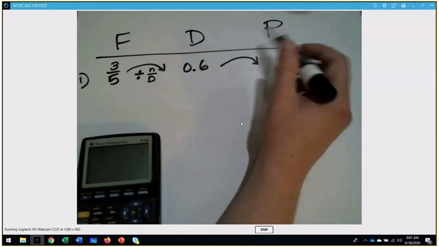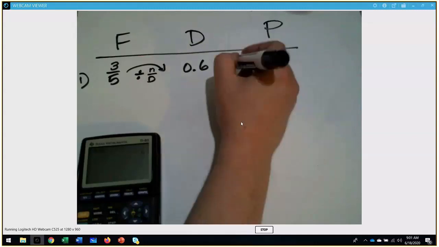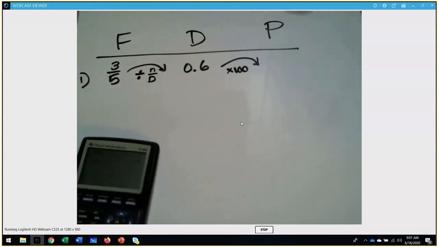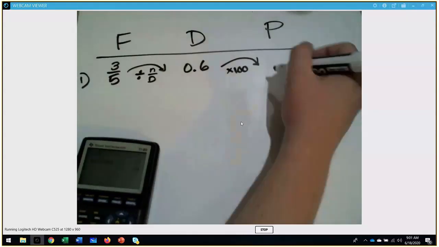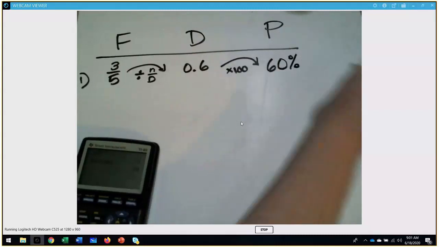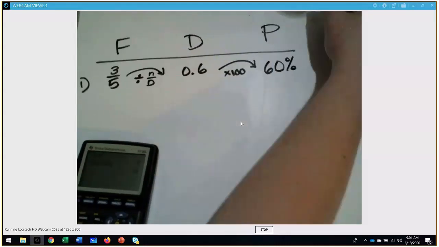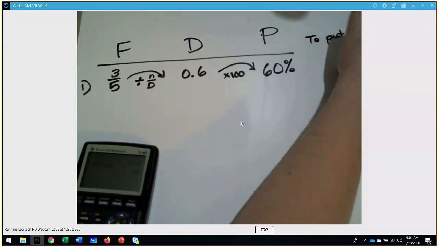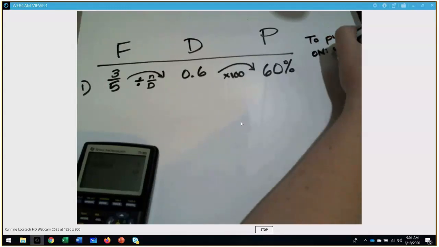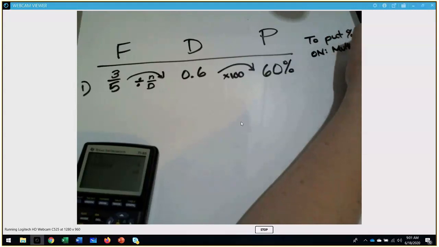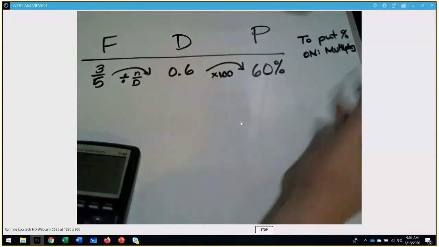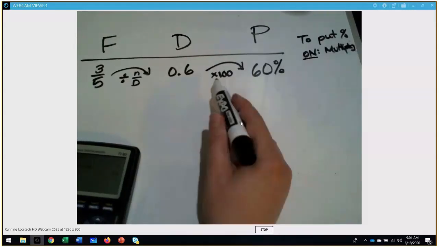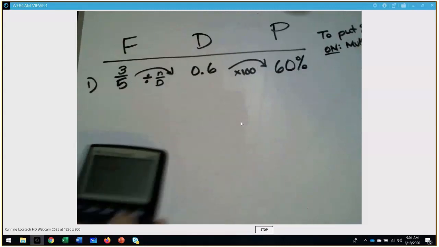Whenever you're putting a percent sign on, you multiply by 100. 60%? Yep. So pretty easy. If you're putting a percent sign on, you just multiply. And it's always 100. Okay, that's done.